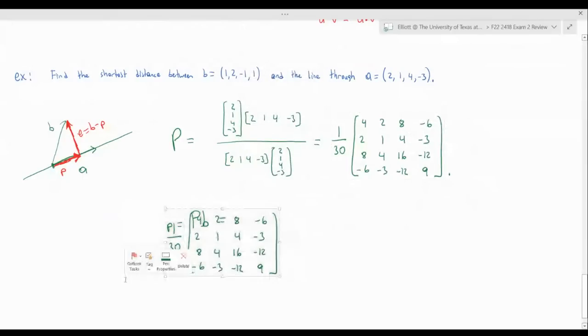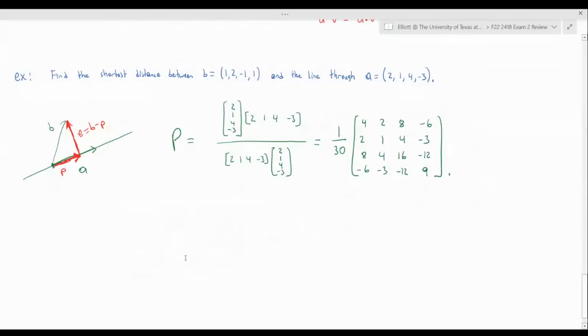Oh man, that's annoying. I should just write it out. Okay, so take the projection matrix that we have. We're going to multiply it with vector B.